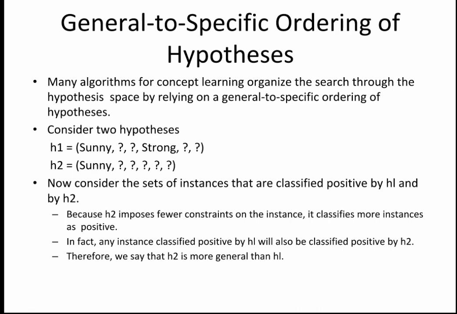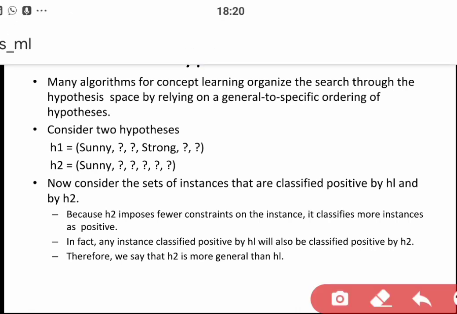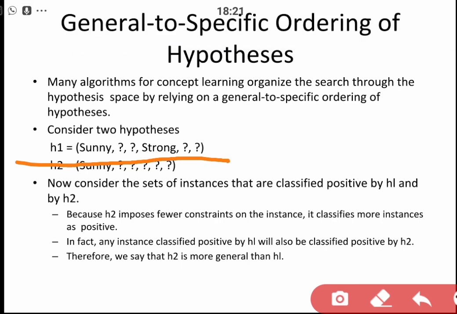Whenever we are given a hypothesis space, we have a set of hypotheses. For example, we want to compare two hypotheses, H1 and H2. Which one is more general is the relationship that generally exists among various hypotheses. Suppose H1 has the value sunny, then two question marks, then strong, then two question marks.